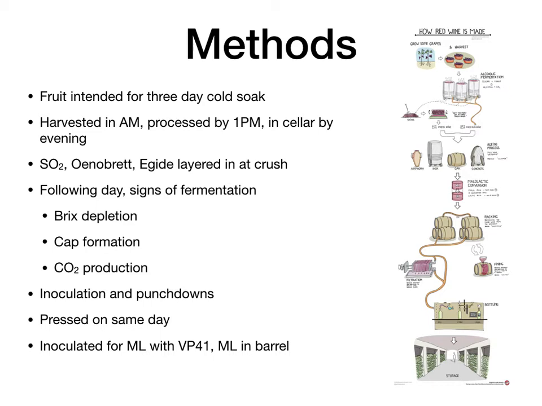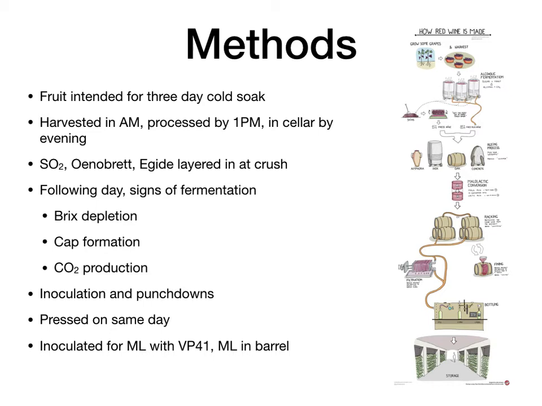And again, those were layered in at crush, and much like what you would do with any enzymes, particularly with the non-Saccharomyces yeast, it's important to layer those at a time that's different from your SO2, because even though they're relatively SO2 tolerant, you wouldn't want them to be put in at exactly the same time. So the idea here was to do a 3-day cold soak in the cellar before punching down and inoculating.